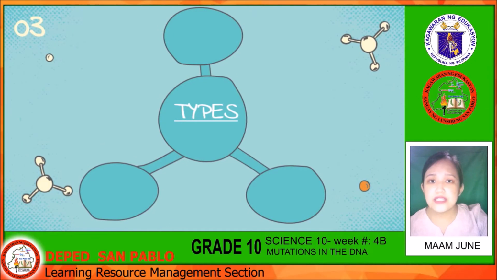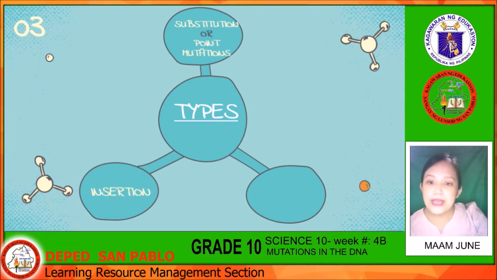How does mutation take place? We can consider here three types under two broad categories, namely point mutations and base pair alterations. Point mutations include substitution, while base pair alterations can be through insertion or deletion.